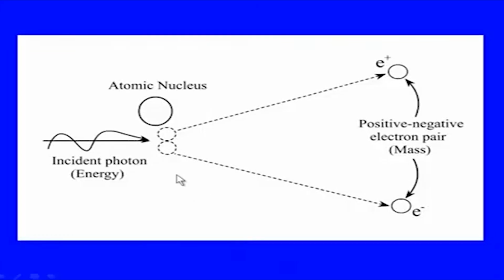If you can see in this figure, there is an incident photon which is a high energy photon. Under the influence of atomic nuclei, it is converted to positively charged and negatively charged particles, which are the positron and the negatron. So, this only happens with high energy gamma rays.